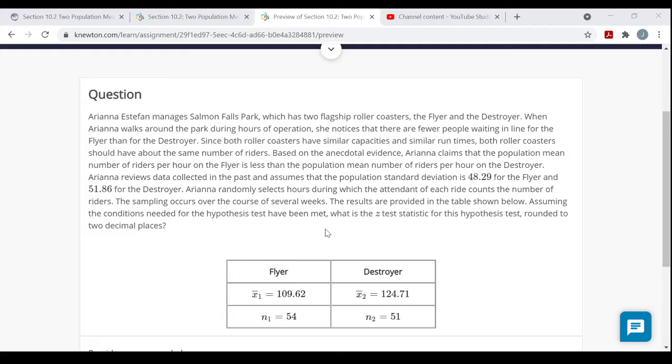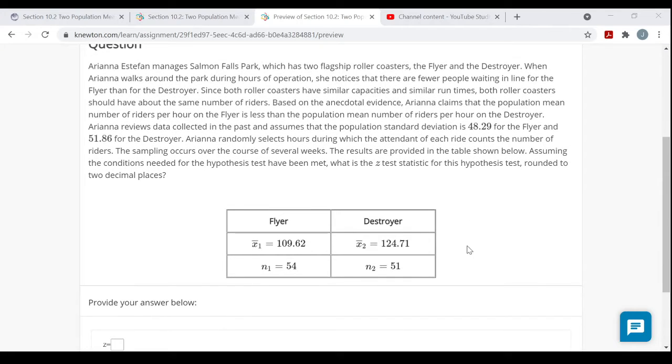The samples were taken randomly, as I mentioned earlier. So we're assuming all the conditions needed for the hypothesis test have been met. What is the z test statistic for this hypothesis test, rounded to 2 decimal places?